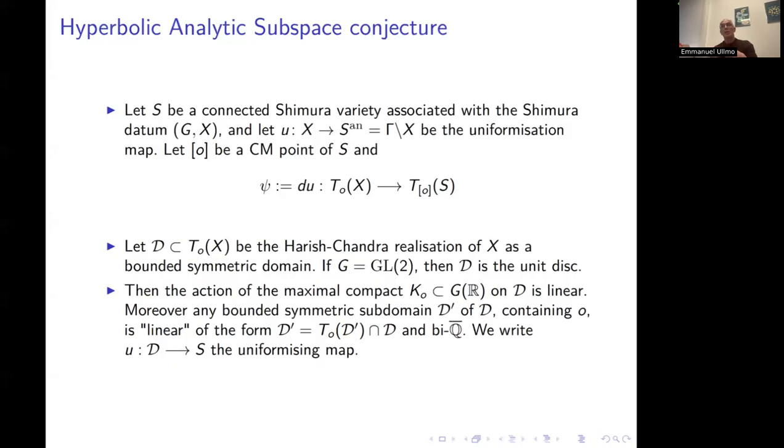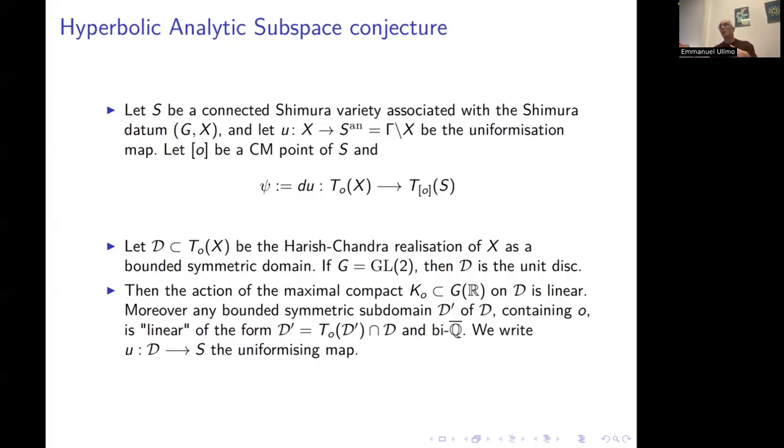So you can think, if you use, say, the Siegel upper half plane, you never have a linear action. And also the sub-Shimura varieties, or the sub bounded symmetric domains, are very simple.